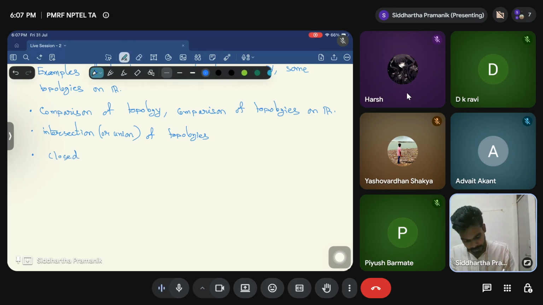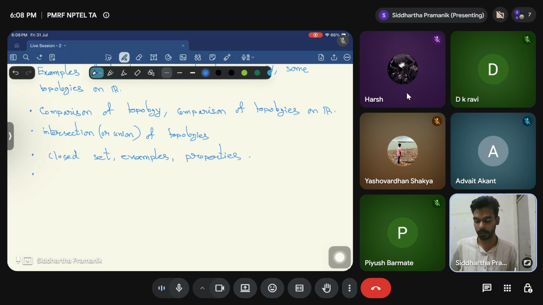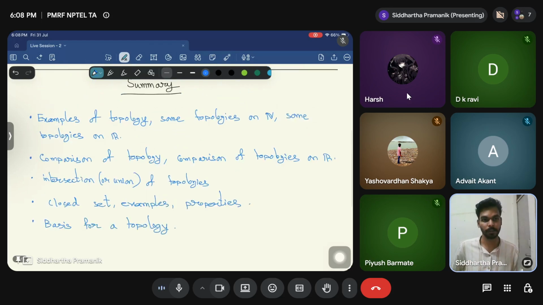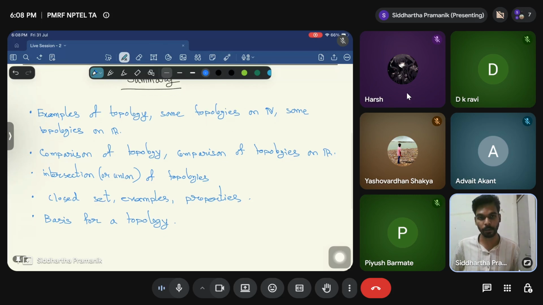And we have seen a couple of examples and properties of these things. And at the end of week 2, we have defined what we call the basis of a topology. So these are more or less the topics of the second week.